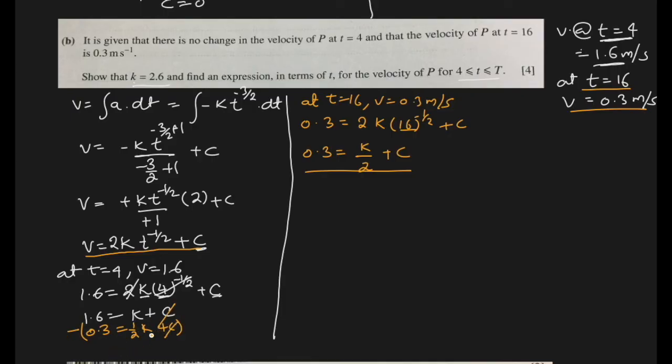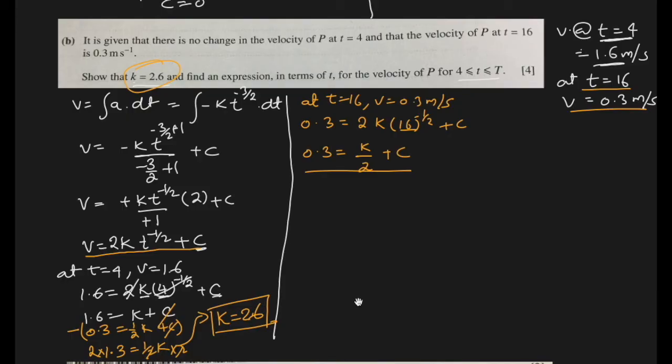Subtraction, c and c will cancel out. k minus half will be half k, and 1.6 minus 0.3 will be 1.3. And if I complete it here, multiply by 2, so that this 2 and this 2 cancel, and clearly k is 2.6. This is what we were to show.